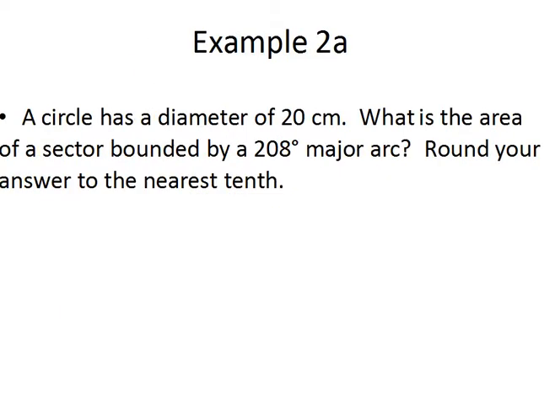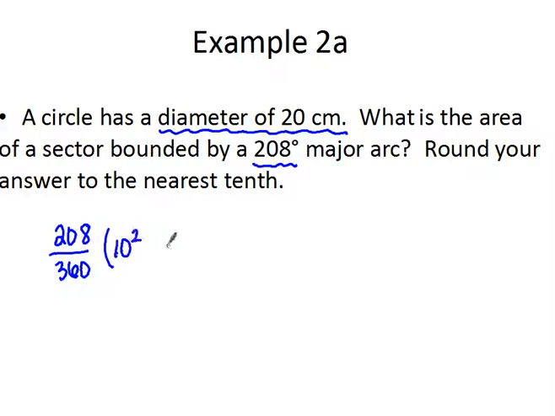Alright, here we go again. It has a diameter of 20 centimeters, and it wants the area of a sector bounded by a 208-degree major arc. So we do 208 over 360 times the area of the circle. So we do pi times r squared. If the diameter is 20, the radius is 10, so this would be 10 squared times pi.